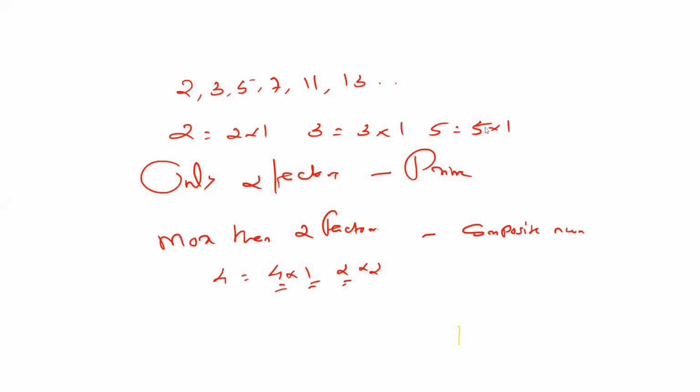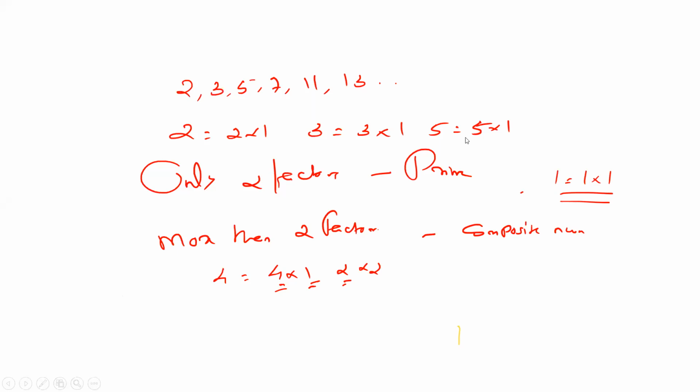Now, what about 1? 1 is equal to 1 into 1 only. How many factors are there? Only one factor is there. So 1 is neither prime nor composite.